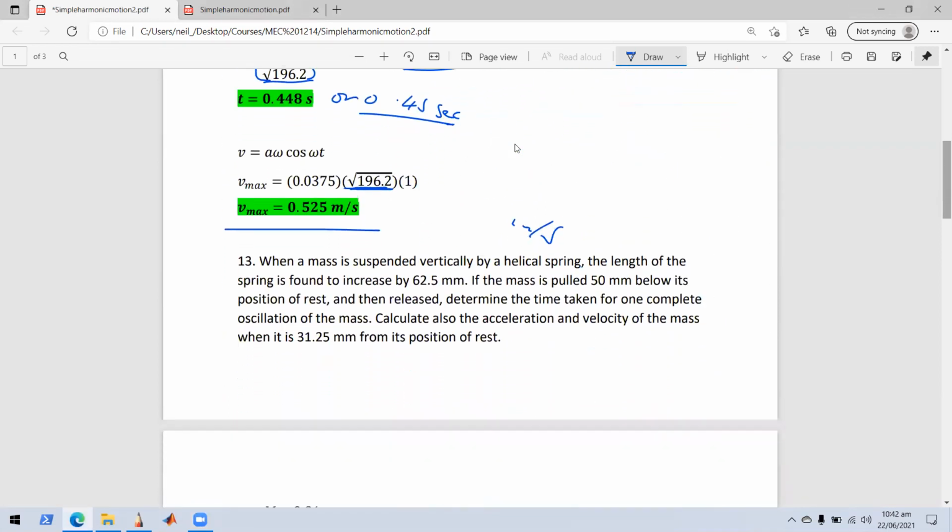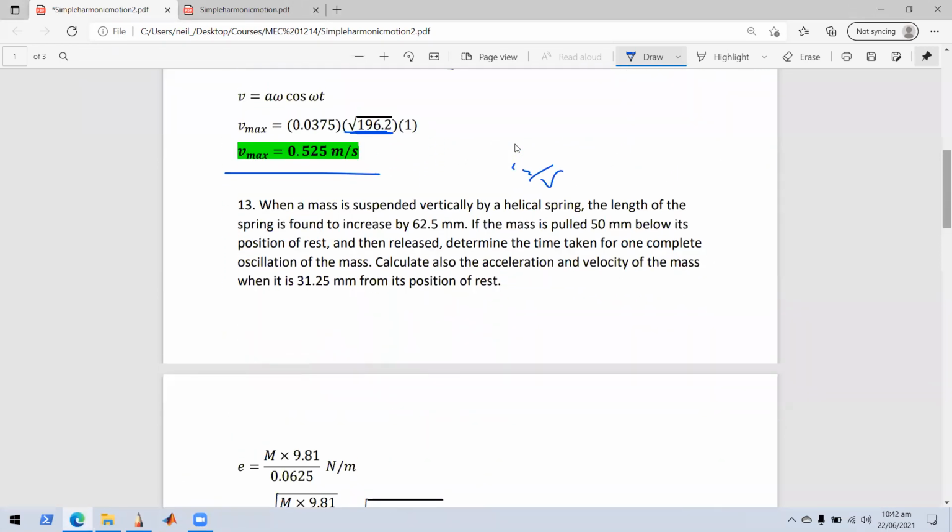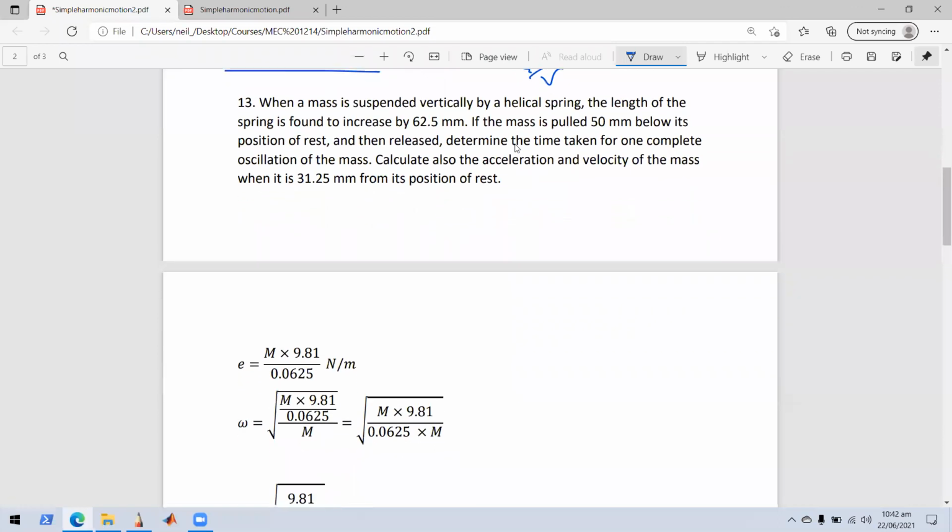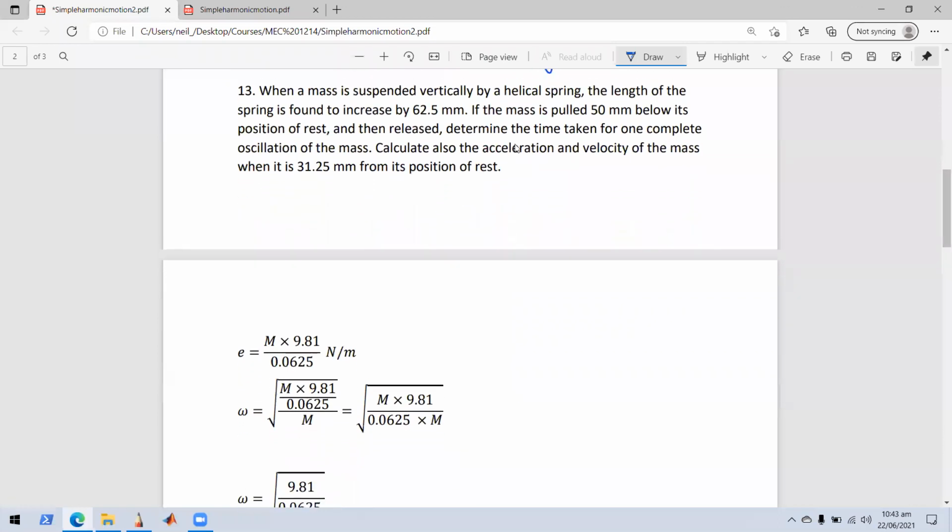I'll do this one as well. And then number 16, I'll let you guys give it a try so you can get some practice in, right? So number 13: when a mass is suspended vertically by a helical spring, the length of the spring is found to increase by 62.5 millimeters.